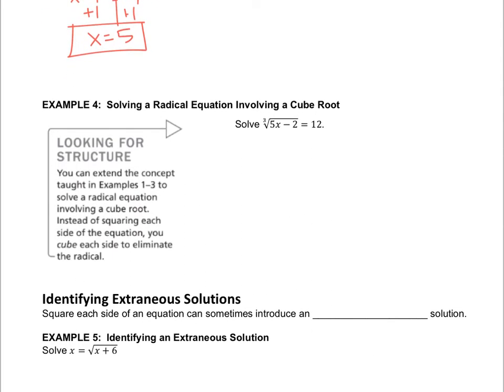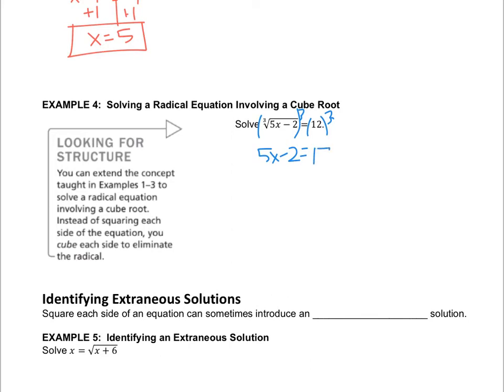It is very similar with cubes and cube roots. It's the same idea, but instead of squaring both sides, we're going to cube both sides. I don't have to move anything to another side, so I can just cube. I have no idea what 12 cubed is, but luckily I've got my calculator nearby.